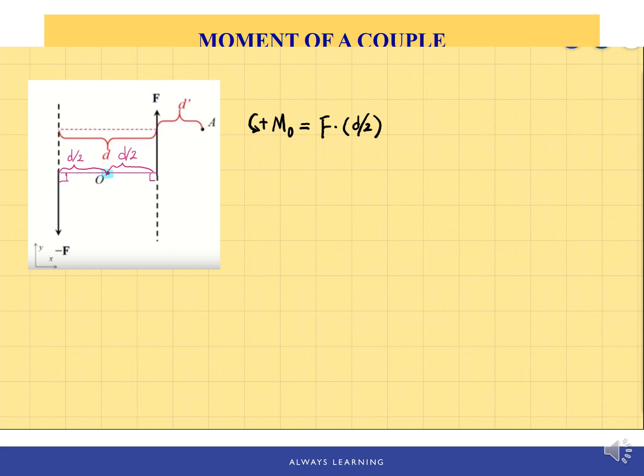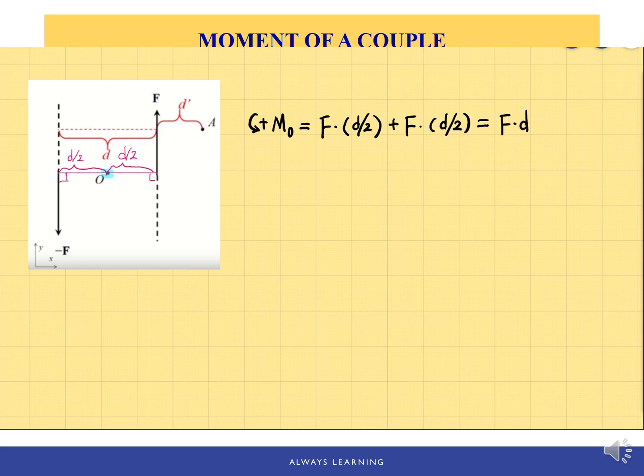And for the other force pointing down, the magnitude is F as well, and it will also cause a counterclockwise rotation. Again, with the scalar approach, we use the magnitude of the force and the moment arm. The magnitude is still F and the moment arm is d over 2. So the moment about point O will be F times d.